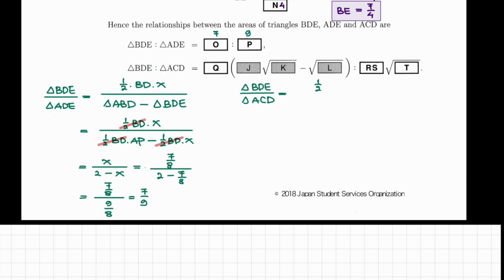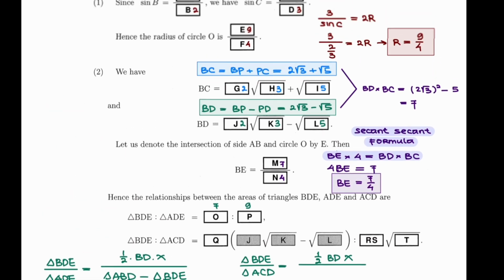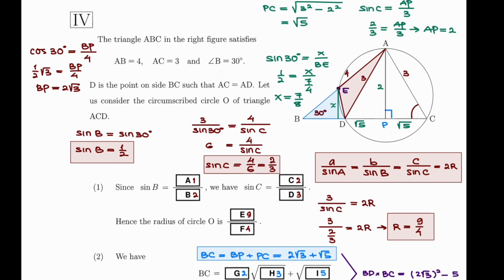So half times BD times x over the area of triangle ACD. The area of this white triangle is half times base times height. I already know the base, which is 2 square root of 5, and the height, which is 2.